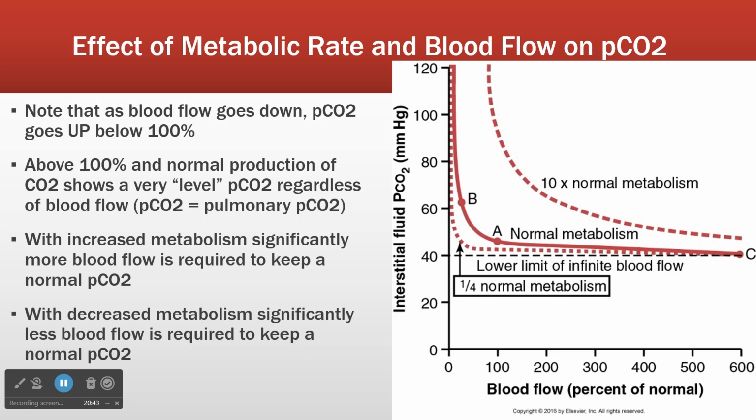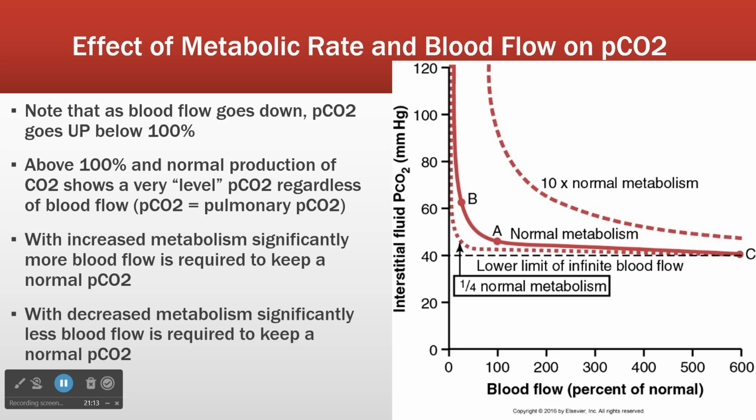If we make that tissue busy, we shift this whole curve to the right. In other words, it takes more blood flow to keep the same PCO2, right? So you can see here that if we have 10 times normal metabolism, we should need 10 times normal flow to get back down to 40. That's why our graph doesn't go all the way back down there, because it would be over here.